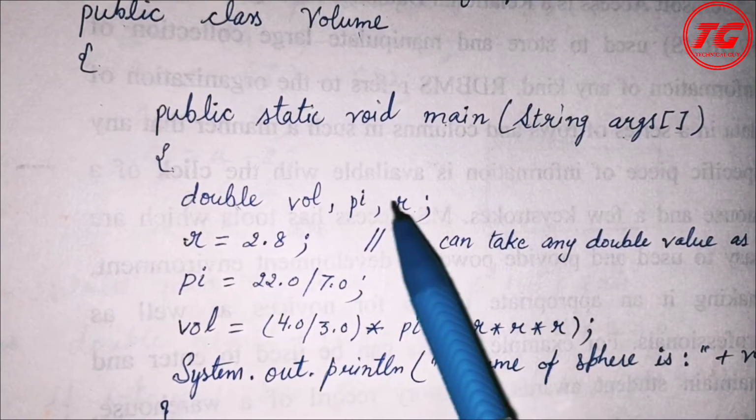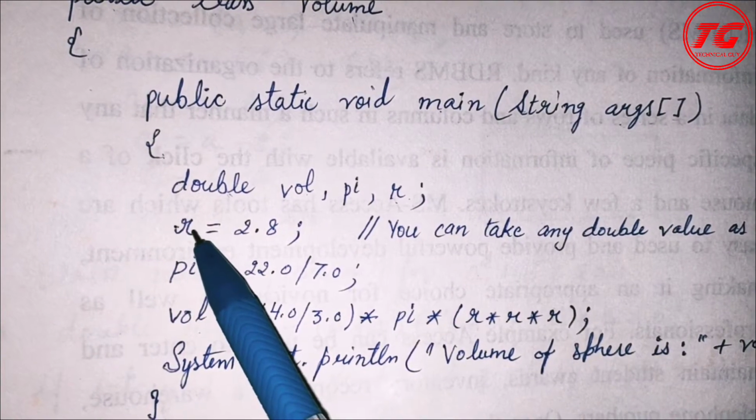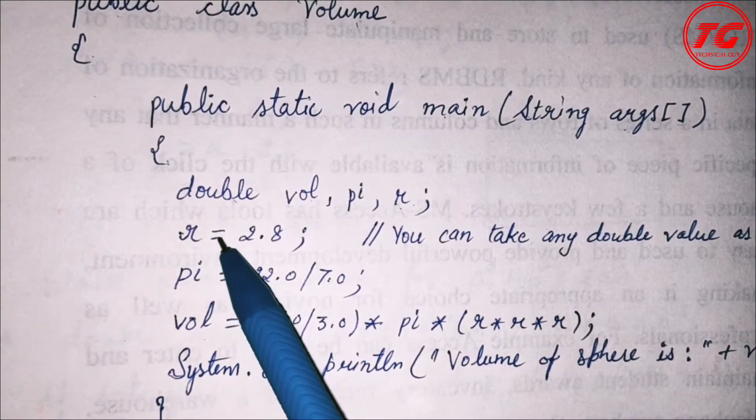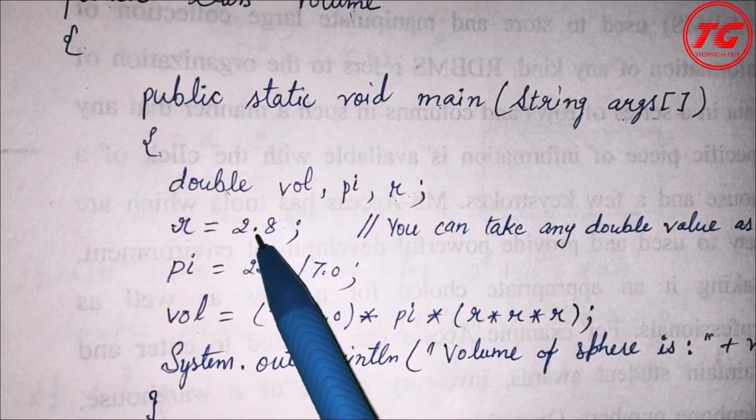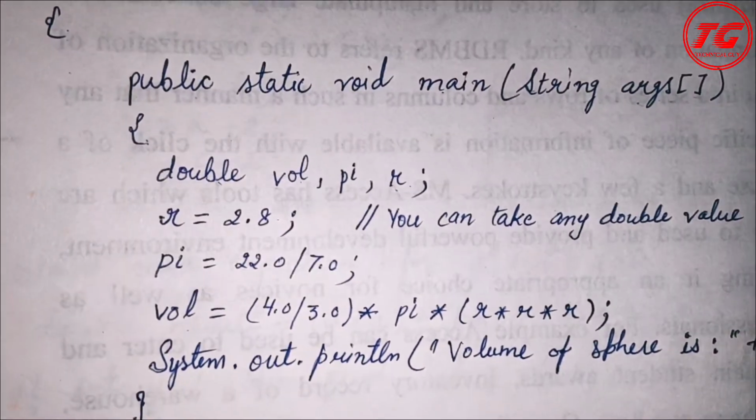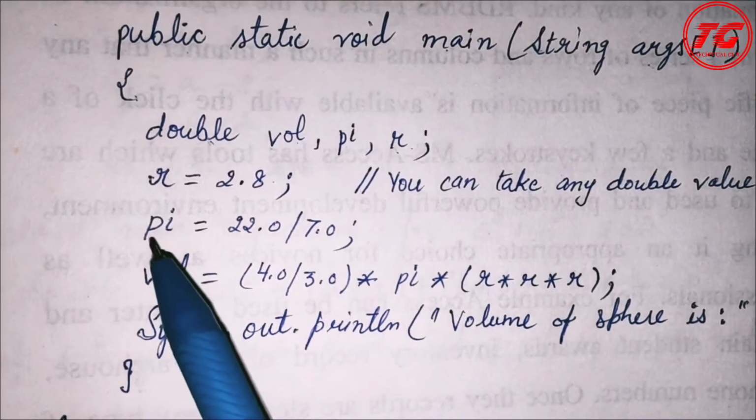To calculate the volume of sphere, firstly we need radius. So radius I have taken here 2.8. You can take any value of a radius. Then we have the value of pi.